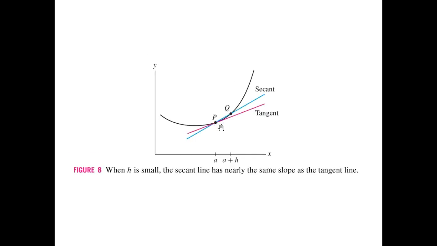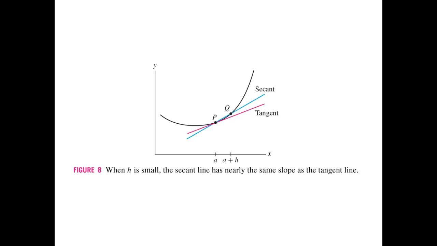Okay. When h is a very small number, remember our definition of the derivative is the limit as h approaches 0 of f of a plus h minus f of a over h. Okay?